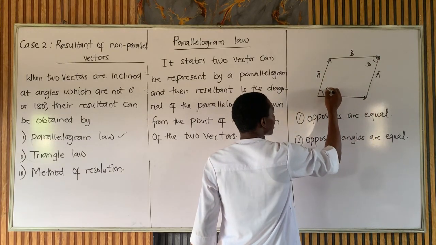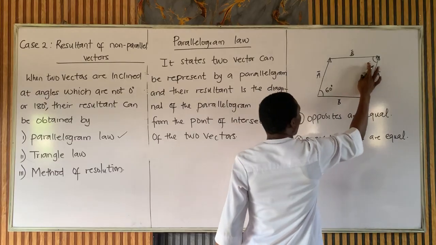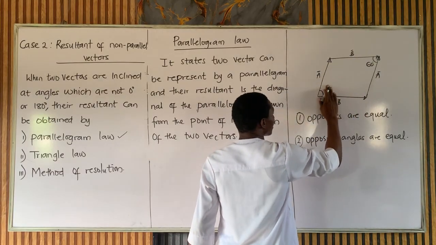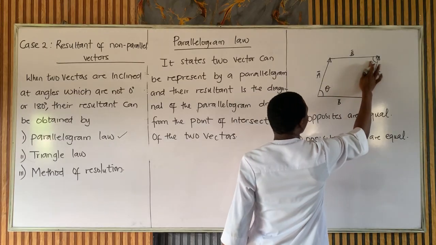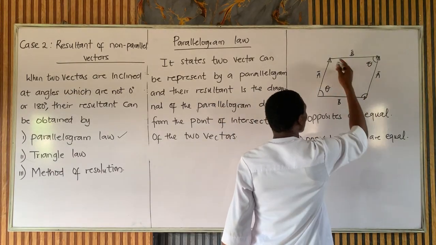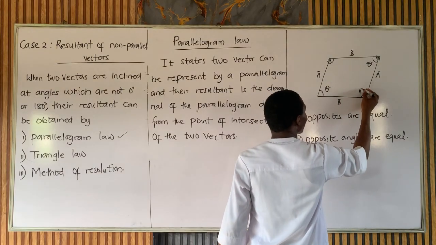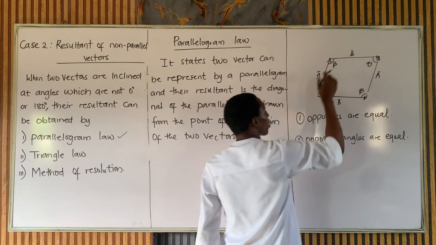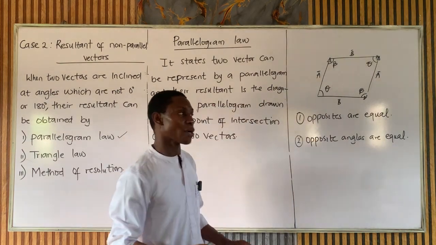If this place is 60 degrees, angle here will be 60 degree. Whatever the angle here is, if it is theta, here also will be theta. And you see, angle here is also opposite to angle here. So if here is beta, this place should be beta. If here is 120, here should be 120. Whatever it is, actually, opposite angles are equal.